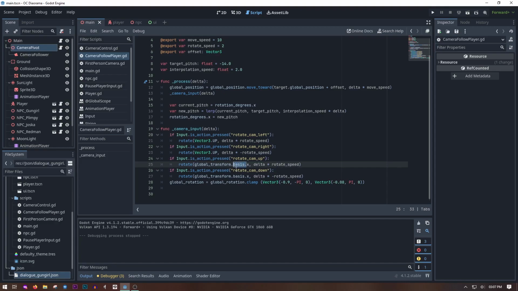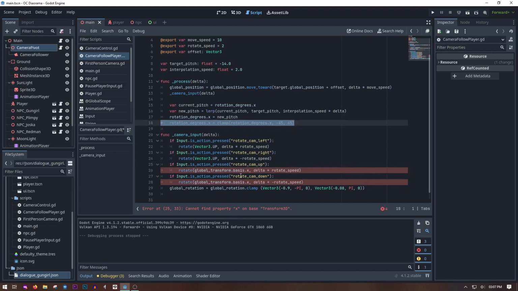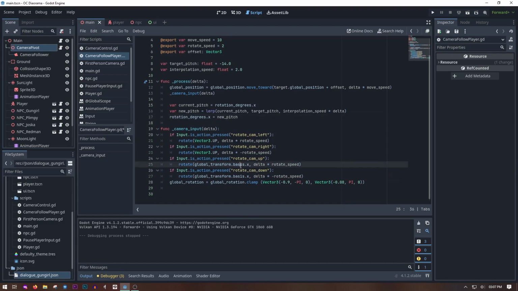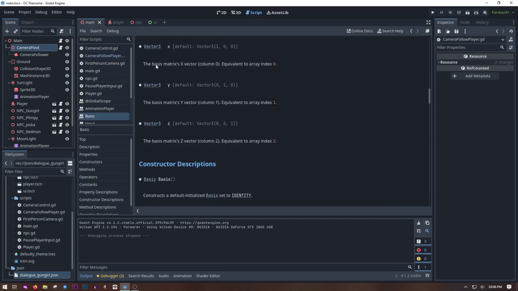Let's find out. Oh, it doesn't like it. Cannot find property X on the base. Okay, I see. So that's just making it so that it knows what is doing X. Basis matrix X vector. Okay, so X, Y, Z. Understood. Equivalent to array index 0, 1, and 2.